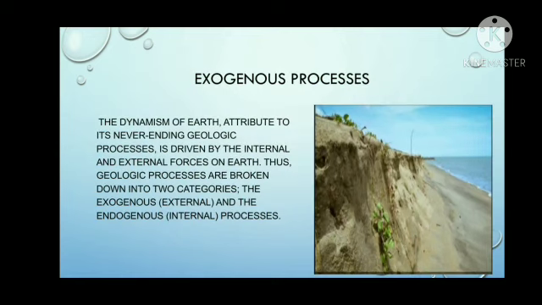The dynamism of Earth, attributed to its never-ending geologic processes, is driven by internal and external forces on Earth. Thus, geologic processes are broken down into two categories: the exogenous or the external processes and the endogenous or the internal processes. In addition, Earth is an oblate spheroid in shape.